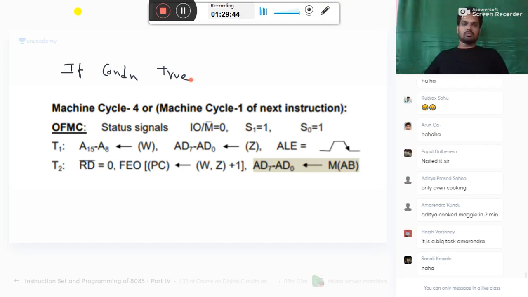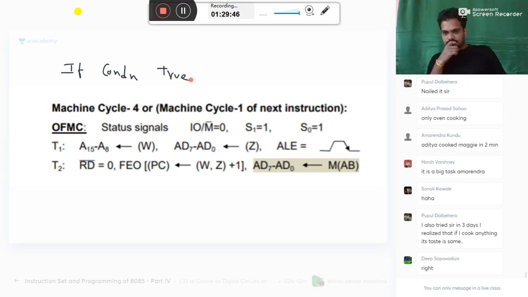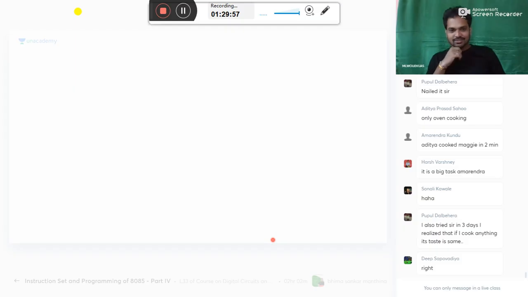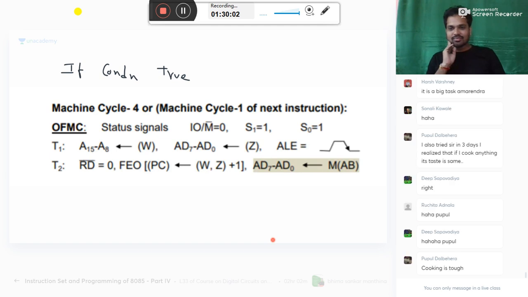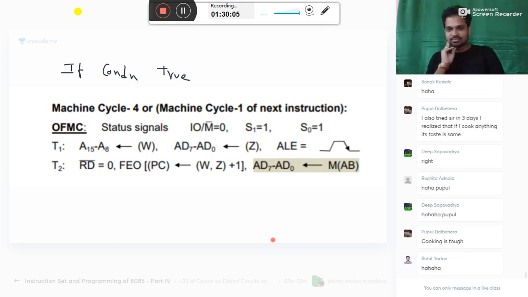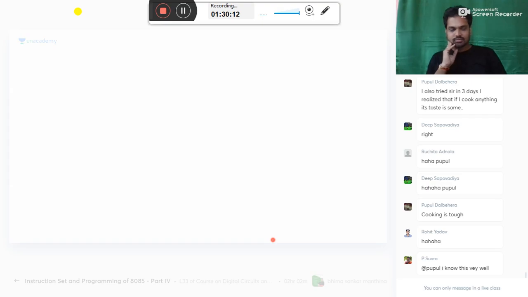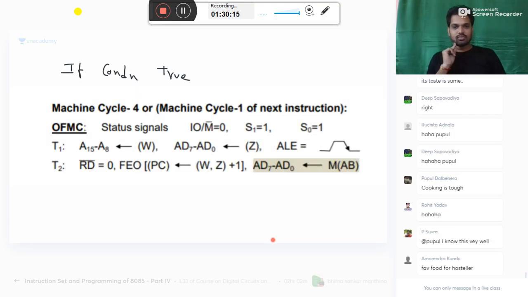Okay, so let's move. What I'm doing is changing the theme.